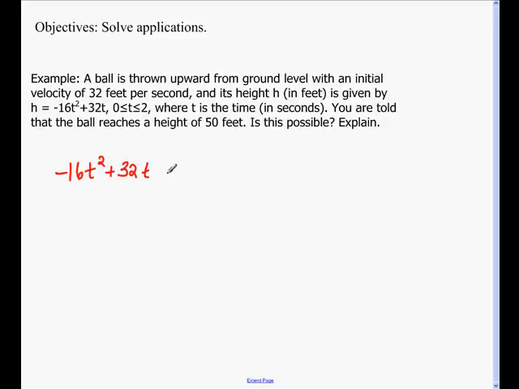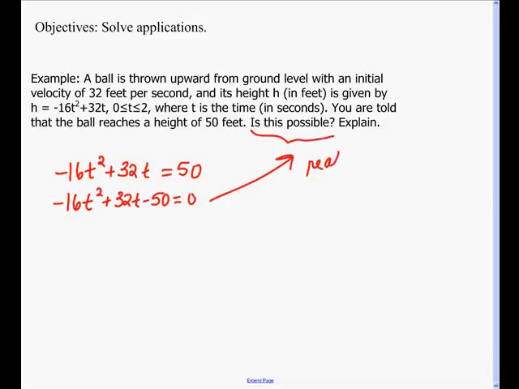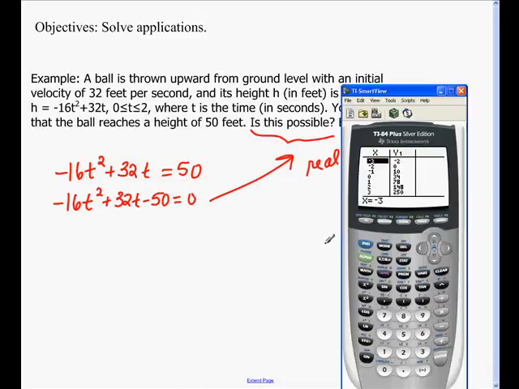Is this possible? Explain. Well, if we set negative 16t squared plus 32t equal to 50, that would have to mean that negative 16t squared plus 32t minus 50 equals 0 has a real 0 for this to be possible. For that to be possible, that equation there must have a real 0.